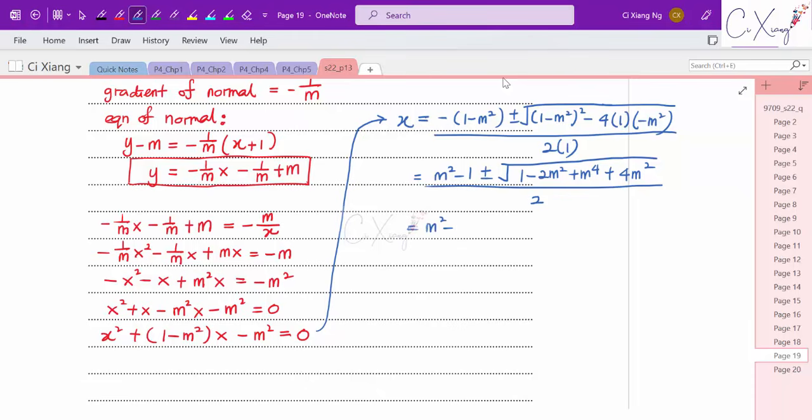Okay, again, factorize it further, simplify it further. I will have m to the power 4 plus 2m squared plus 1, then divided by 2.